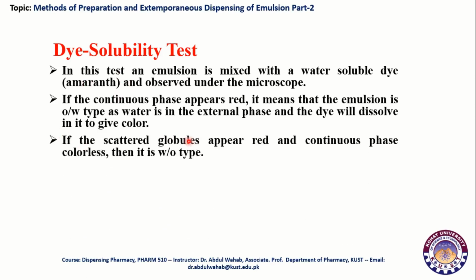If the scattered globules appear red and the continuous phase is colorless, then it is water in oil type, because, as I told you, amaranth is soluble in water. So if the scattered globules appear red and the continuous phase is colorless, we can detect that it is a water in oil type emulsion.